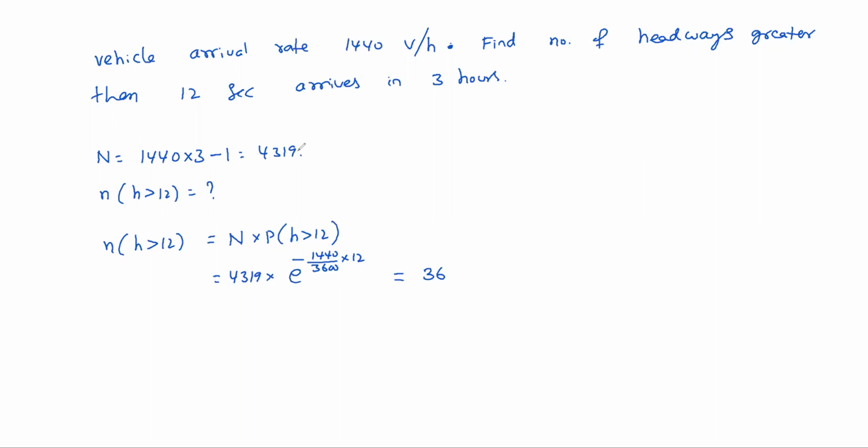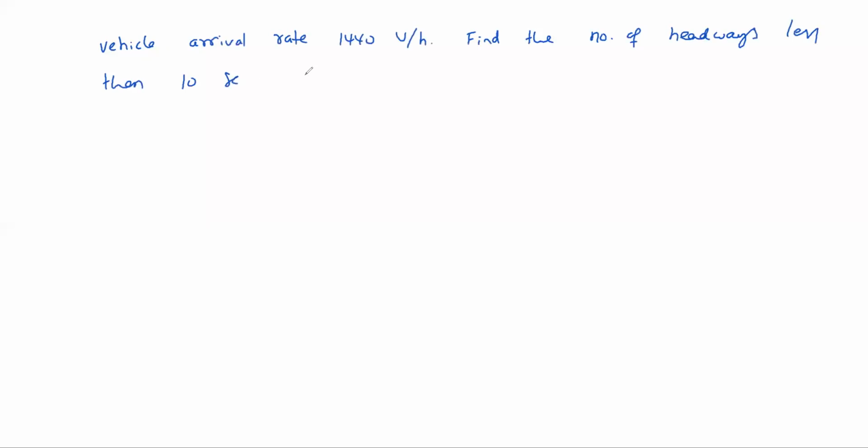Similarly, vehicle arrival rate, suppose the same 1440 vehicles per hour. Find the number of headways less than 10 seconds that arrive in 2 hours. So 2 hours means N is nothing but 2 into 1440, and headways means minus 1.